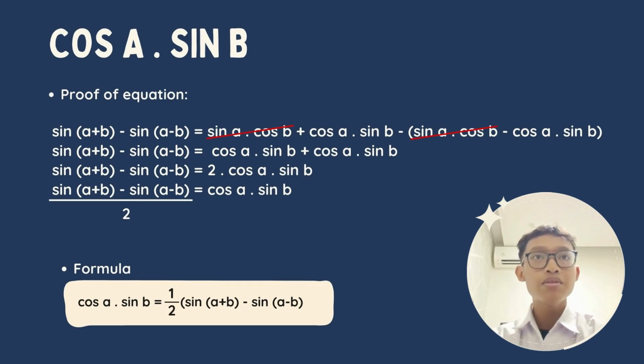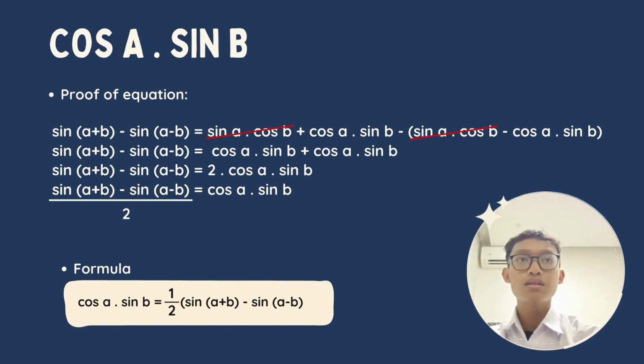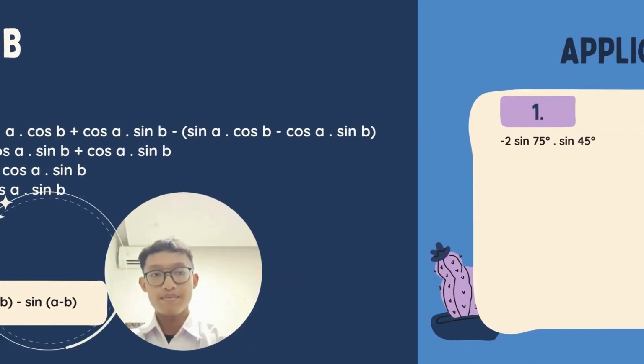And it will become sin(A+B) minus sin(A−B) divided by 2 is equal to cos A times sin B. So the formula of cos A times sin B is half times sin(A+B) minus sin(A−B). And that's how to prove cos A times sin B.